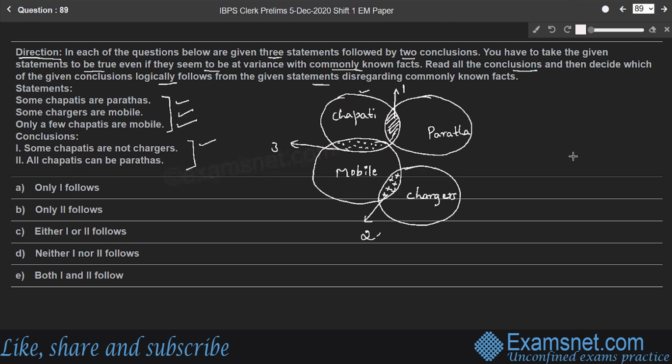So the conclusions are, first conclusion, some chapatis are not chargers. Here, the chapati set is here, the charger set is here. So we cannot directly conclude that some chapatis are not chargers, because some chapatis can be chargers.